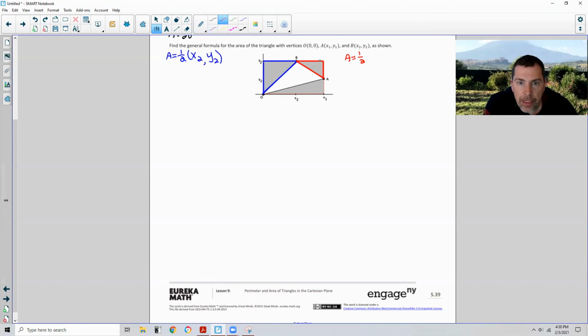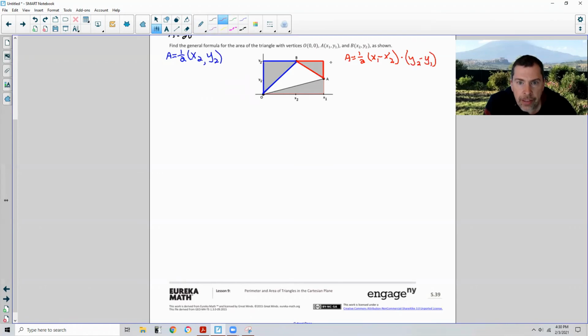What is my base? Let's call this the base. It's x sub 1 minus x sub 2, the length from point B over to here, times the height, which is y sub 2 minus y sub 1.